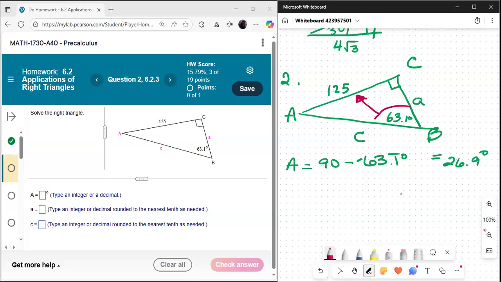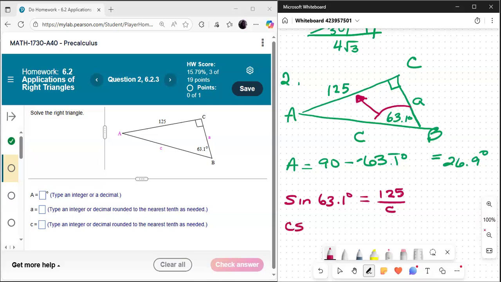That's opposite the angle in question. So to solve for A or C, we could use a trig function that uses opposite. I'll start with sine of 63.1 degrees is equal to opposite, which is 125, over hypotenuse, which is C.